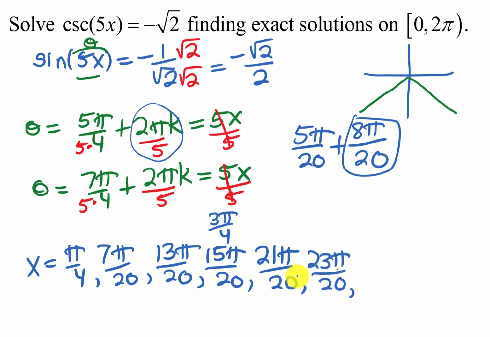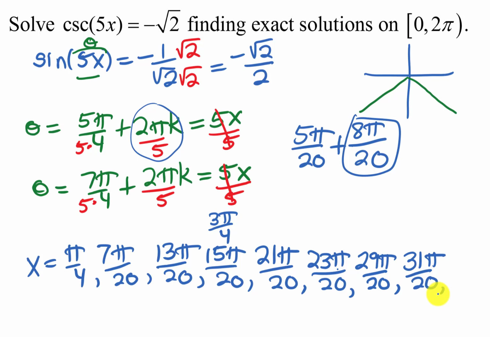I'm going to continue this for 21 pi 20ths, adding 8 pi 20ths, I'll have 29 pi 20ths, and adding 8 pi 20ths to 23 pi 20ths, that will give me 31 pi 20ths. And you see I'm still on that interval from 0 to 2 pi by the time I had divided by that 5, so that's why I need to keep going and listing all solutions on that interval.